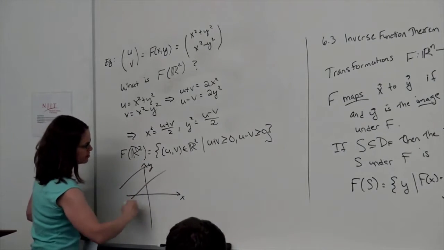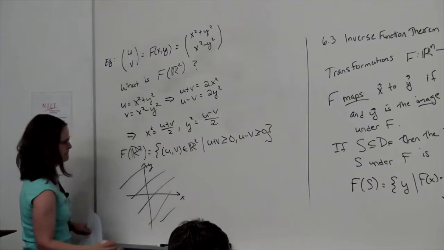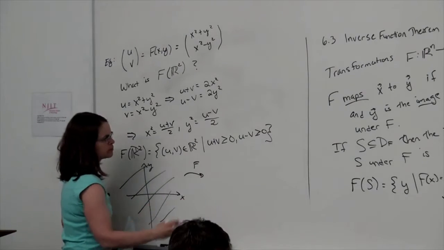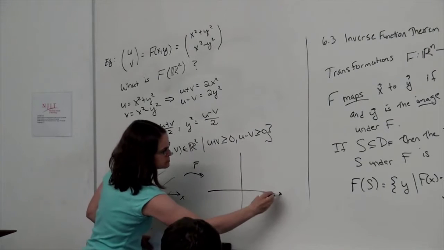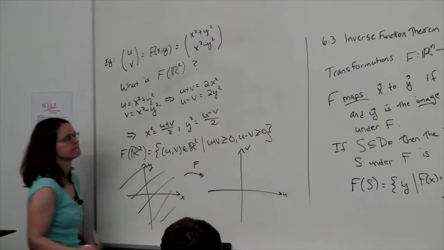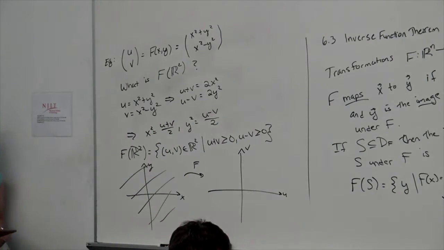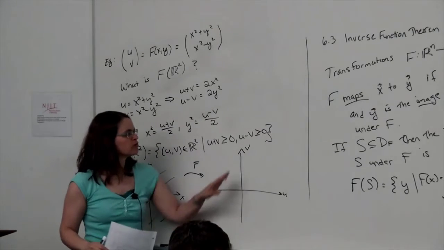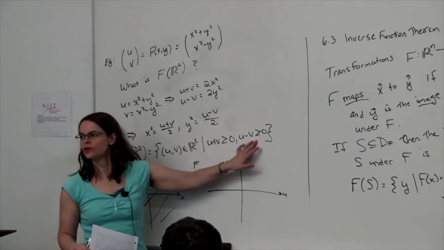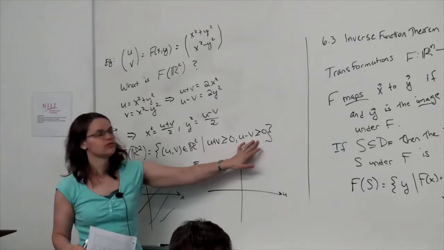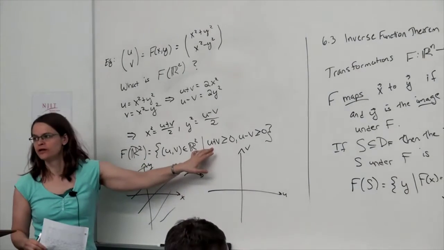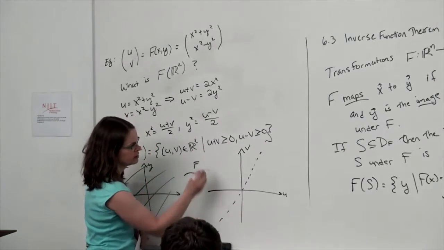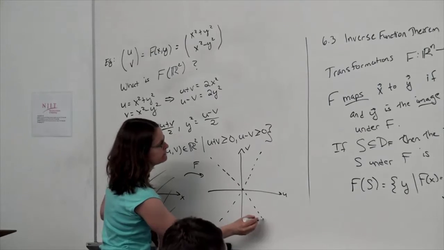Okay, so if we start here, this is all of R2. Then we say, where does f go? Here we're somehow on one side of the line u equals v. Here we're somehow on one side of the line u equals minus v. So here's the line u equals v, the line u equals minus v.